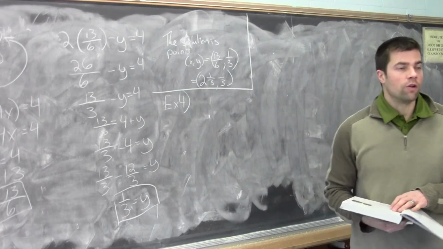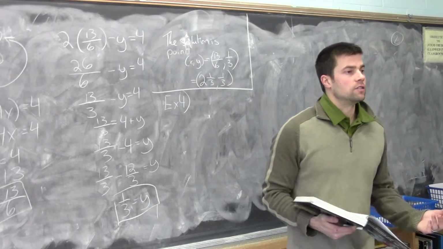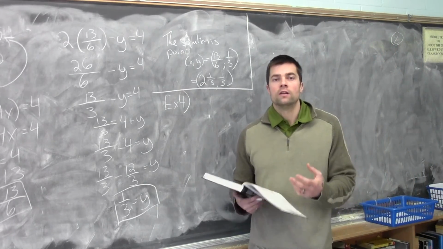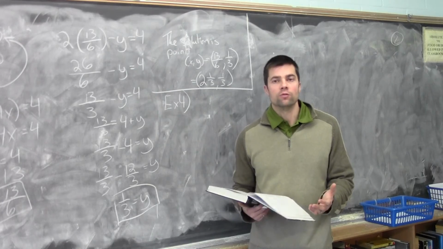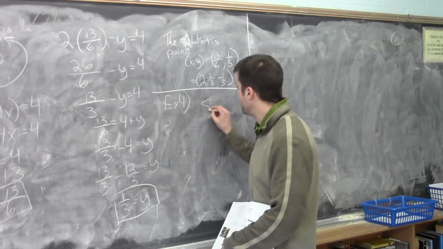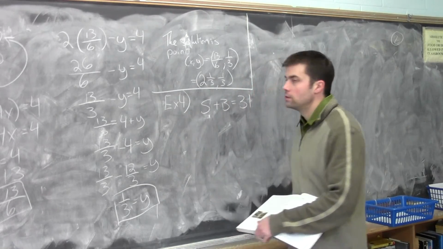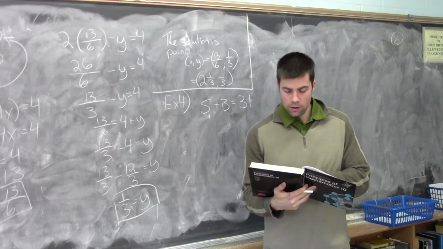So if they have a total of 31 fish, how can I convert that sentence? So Stephanie and Brett have a total of 31 fish. How would you write that, Michael? S plus B equals 31. Good. So that would be our first equation. S plus B equals 31. Okay.